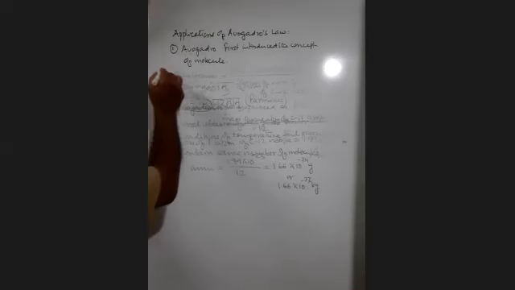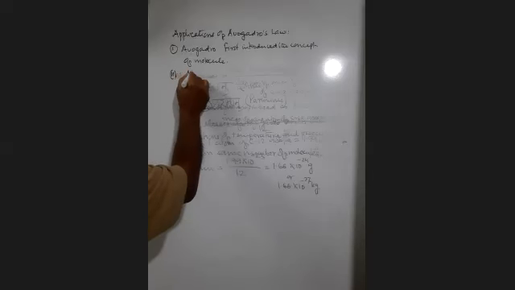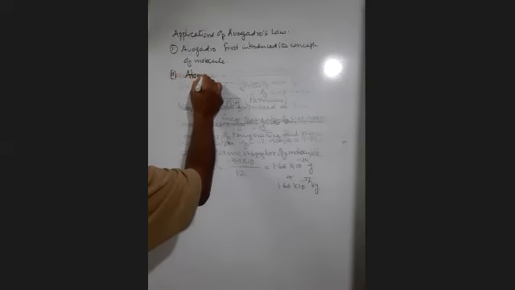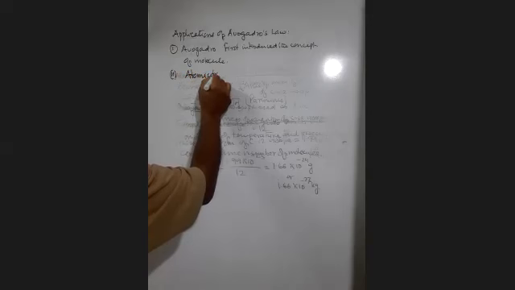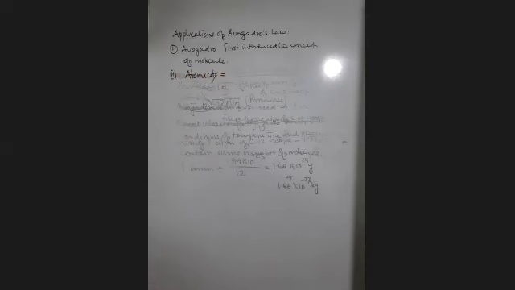Okay. Second, he has mentioned the term called atomicity. Here you have heard about atomicity. Atomicity is not the name of a city. Atomicity means how many atoms have made one molecule of an element. See, you can have two types of molecule: molecule of an element and molecule of a compound.